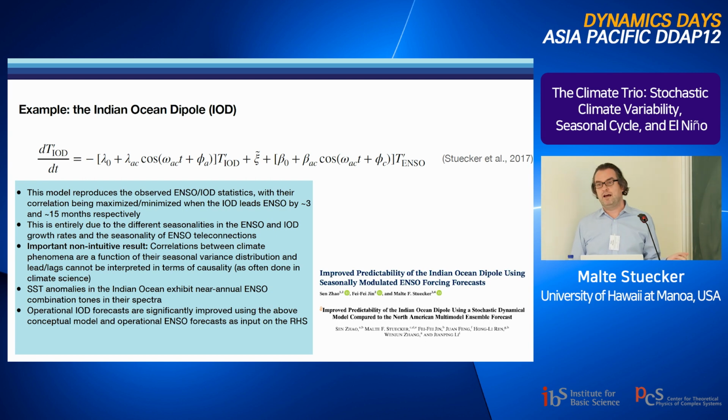And we beat the IOD prediction in the actual dynamical model, because the models have so many biases in not getting the IOD dynamics right, the coupling between ENSO and the IOD in the model. But if we know this empirical relationship and we can predict ENSO, we can also predict the IOD.